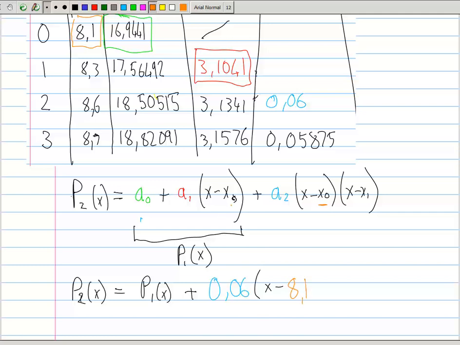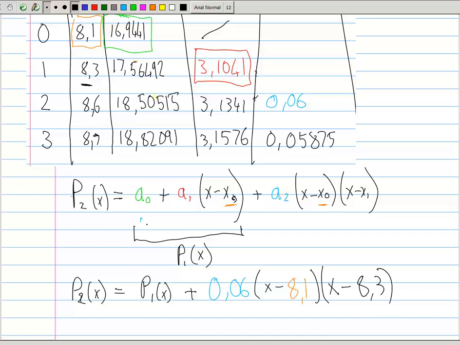That's our x0 there, and our x0 there. And multiplied by x minus our x1, which is 8.3 in this case. Our 8.3 you can see over here.